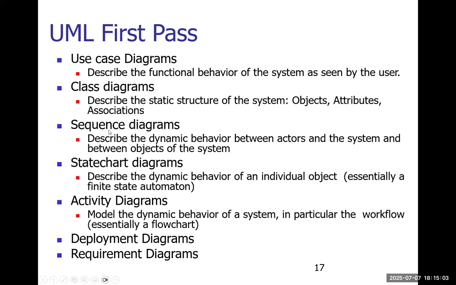The next one is the sequence diagram. This one describes the dynamic behavior between the actor and the system and between objects of the system. The sequence is actually to perform some kind of function of the software.